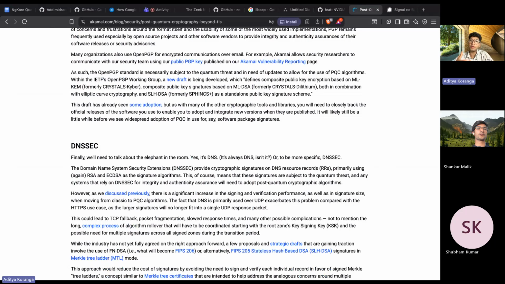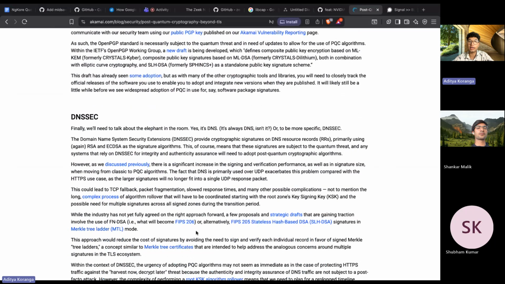In one packet frame we can't send the PQC signatures, so there will be a fragmentation issue. And if there is a fragmentation issue, then UDP will fall back to TCP, in which there is no fragmentation issue. So this is one of the known issues it can have.